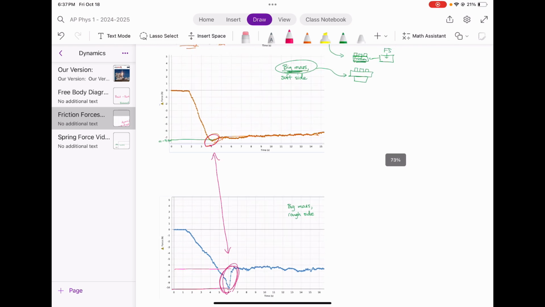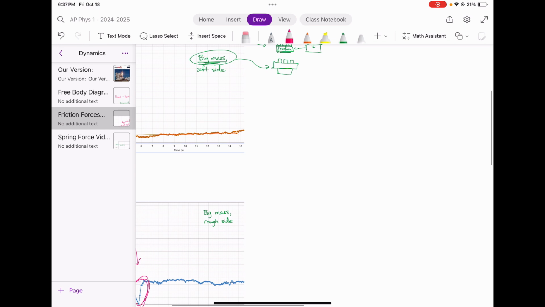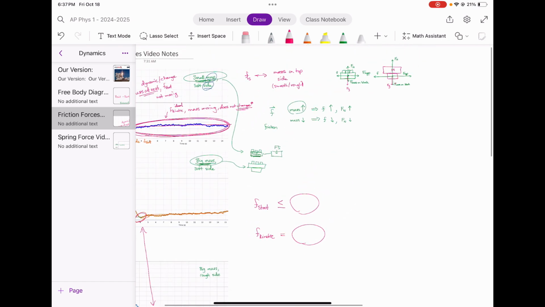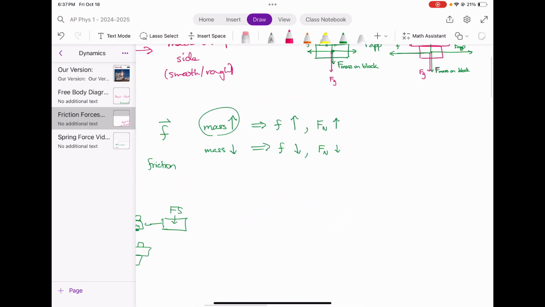So mathematically, one thing we can say is F static is always less than or equal to some maximum value, right? Whereas kinetic friction seems to be just equal to some value. And that value seems to be tied to the normal force in some way, right?